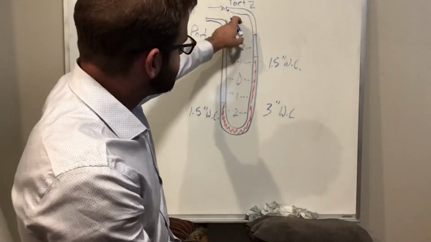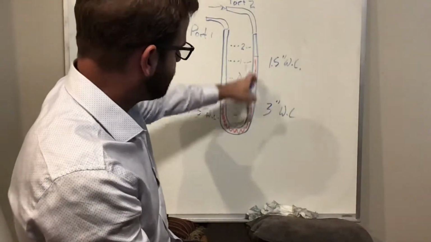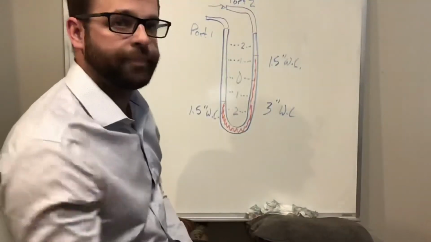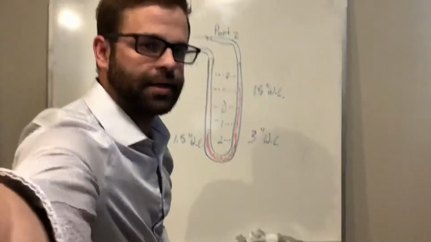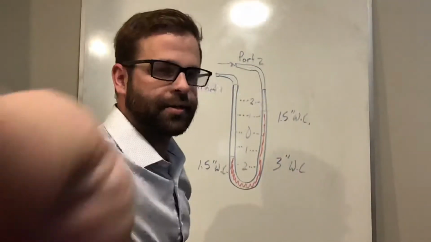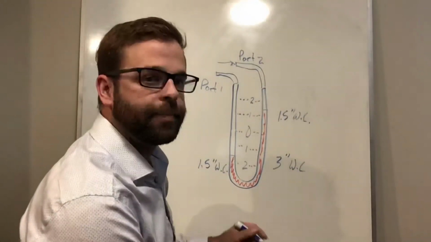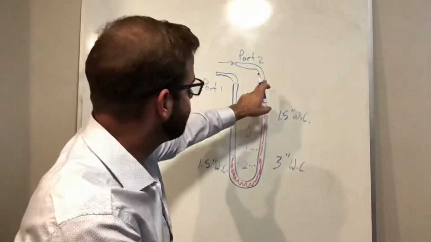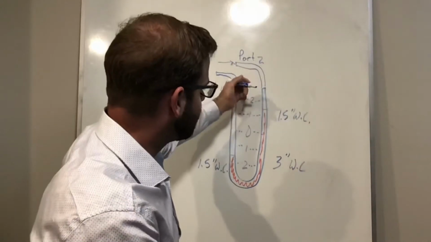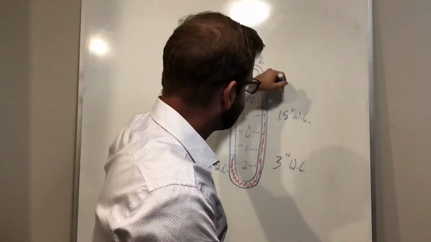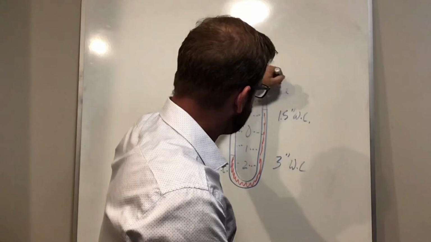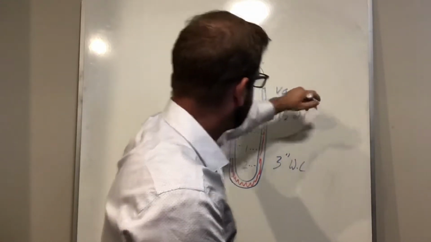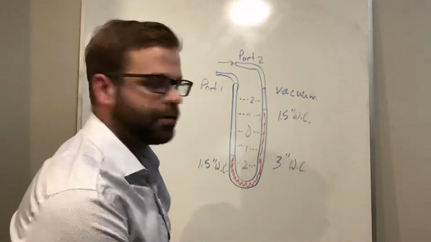But if the pressure was applied here and the fluid was being pulled up towards port 1, if it was being sucked back up to port 1, that would be a vacuum towards port number 2.